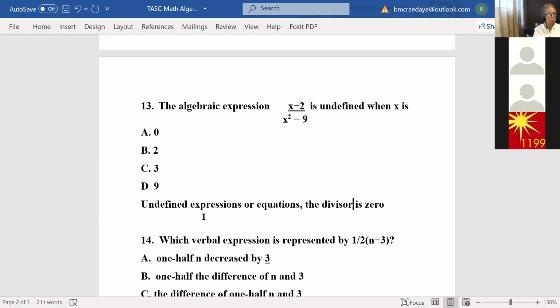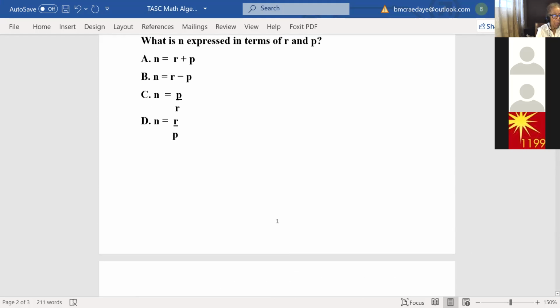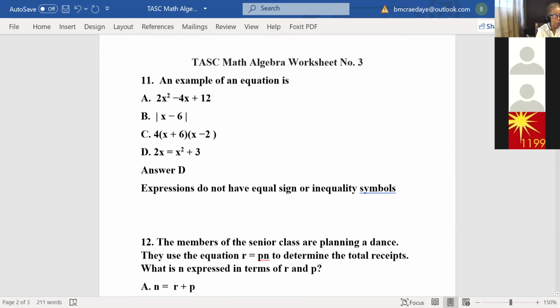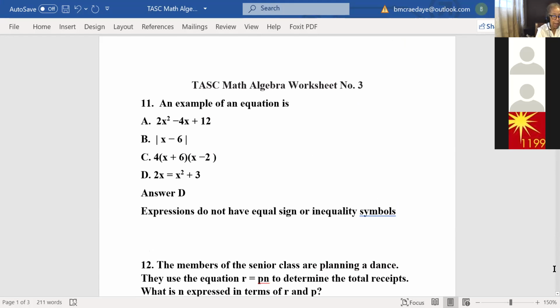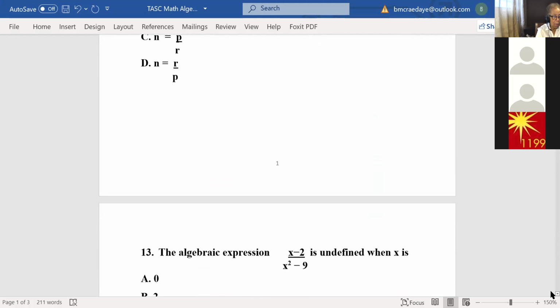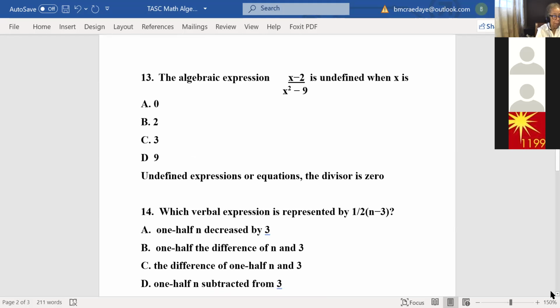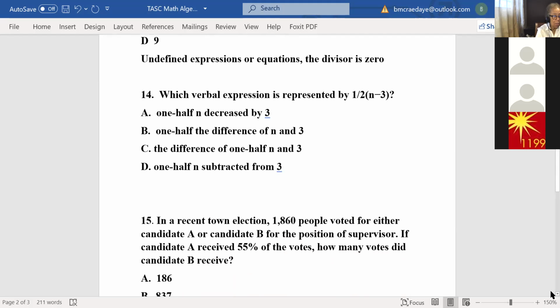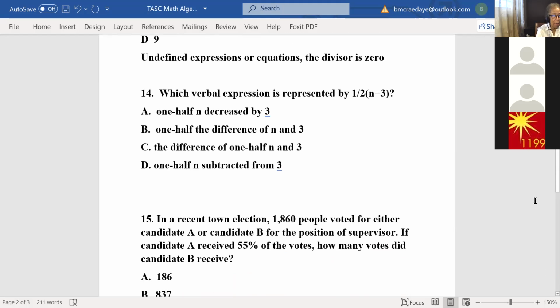So you know what your homework is, right? Let's see, we did 11 and 13, so we didn't do 12. I want you to do 12. 13 we did, and 14 is something I probably hadn't gone over.